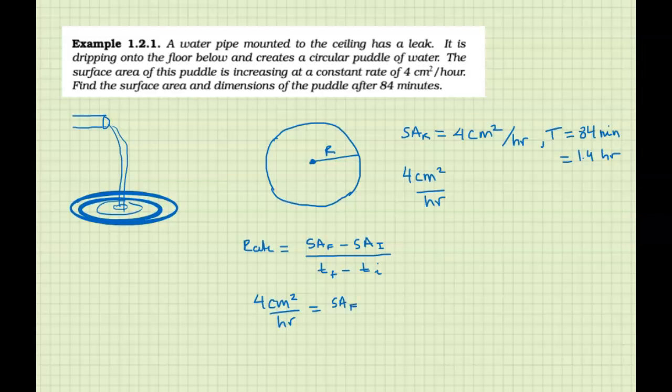We know the initial surface area is 0. Final time is 1.4 hours. The initial time is 0. Okay, so we can ignore these. So we can solve for the final surface area by multiplying 4 centimeters squared per hour times 1.4 hours. Right, so 4 times 1.4 gives me 5.6 centimeters squared.